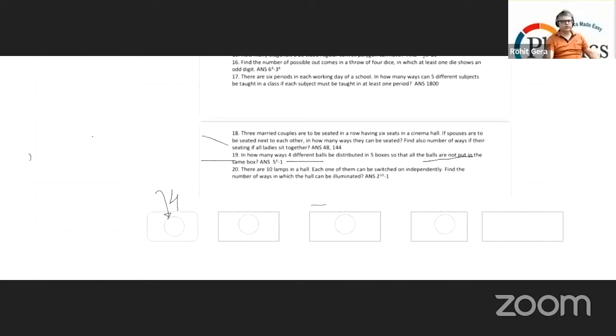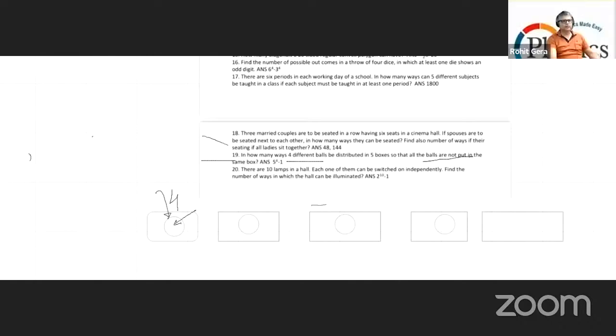Wait, I have how many choices to fill this up? First box. Four balls to fill this up. I can put anyone, right? 4C1.